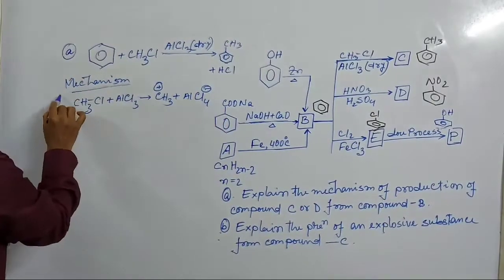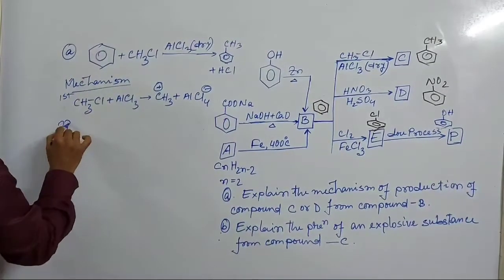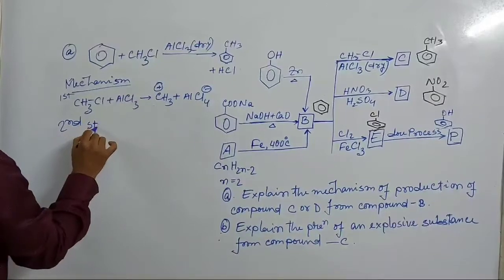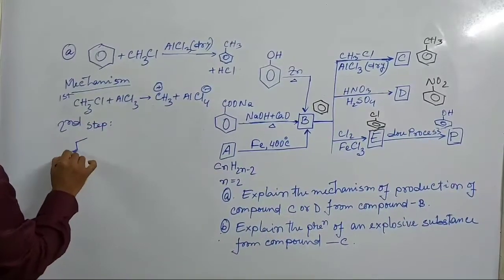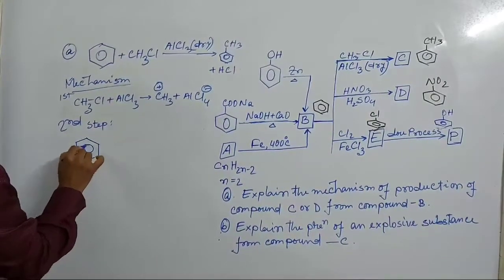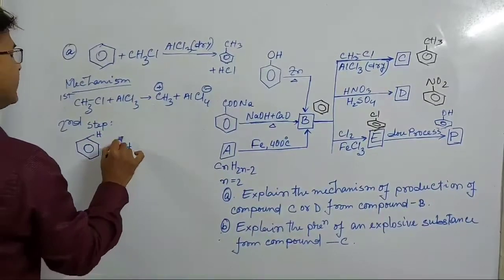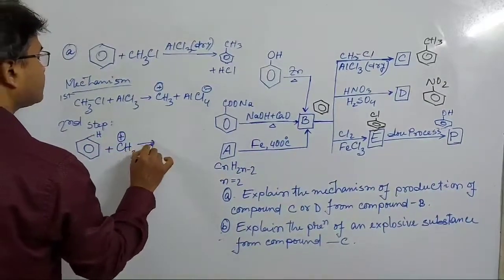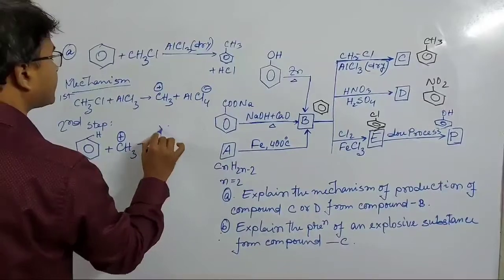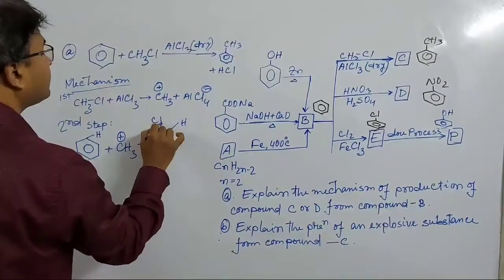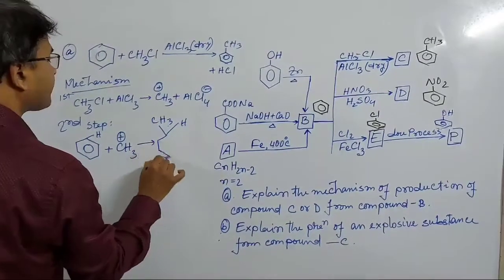Then in the second step, methylinium ion attacks the benzene ring as an electrophile to produce an unstable carbocation, I mean sigma complex.